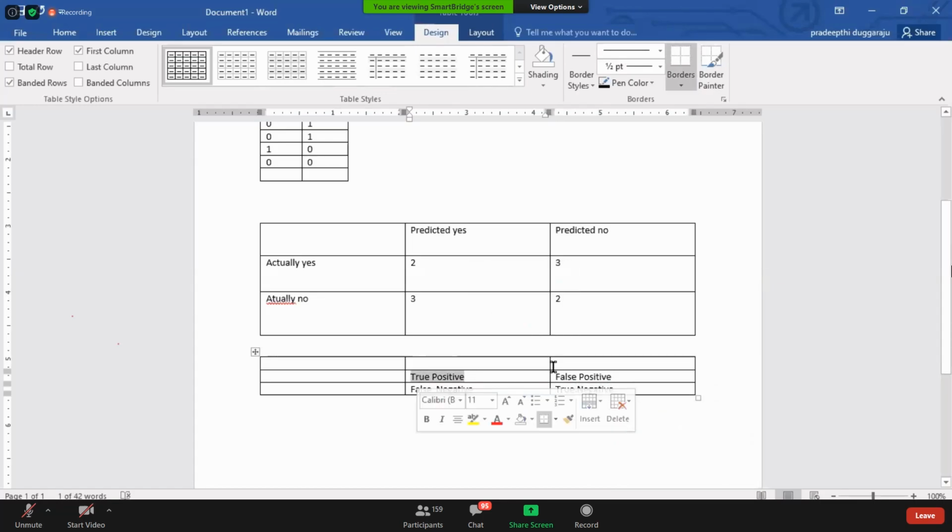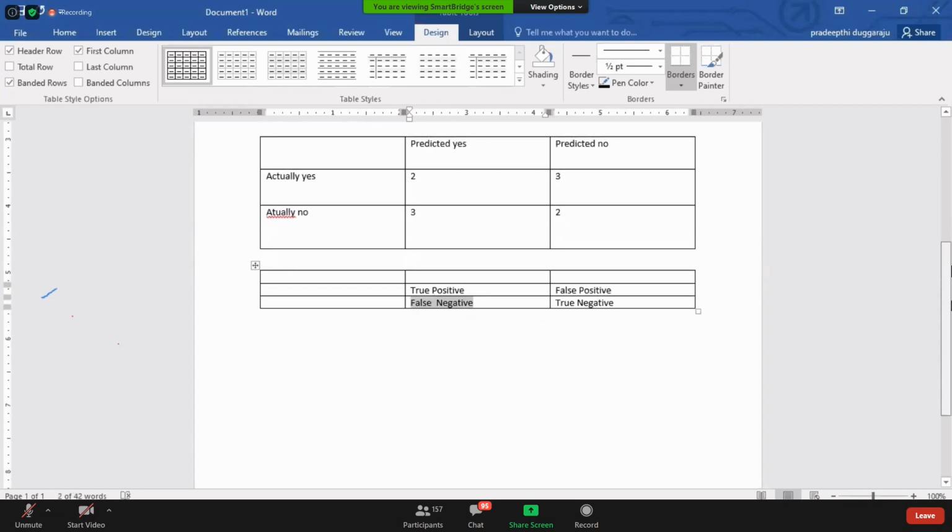So true positive, false positive, false negative and true negative. This diagonal is correct predictions. This diagonal is wrong predictions. So this is about your confusion matrix and denotation of confusion matrix.